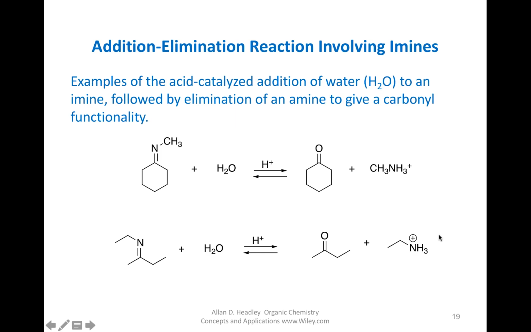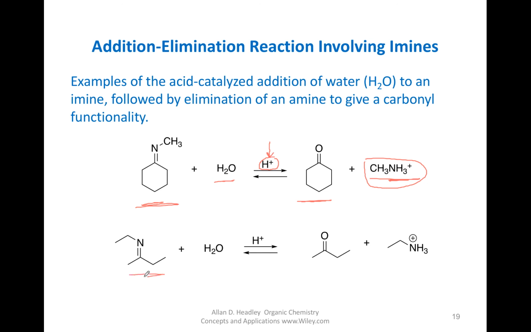The next slide gives a summary of that. So here we have the imine in the presence of an acid reacting with water can give us the carbonyl compound, and of course the protonated amine as a product. Why protonated? Because the acid here is in excess.